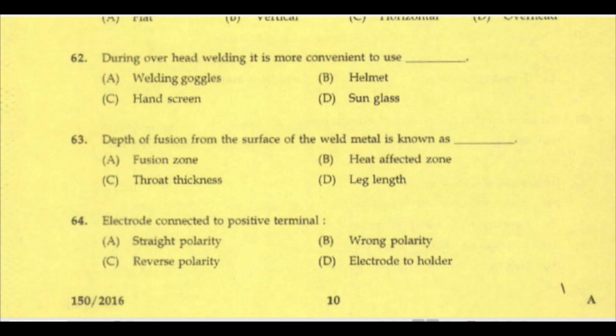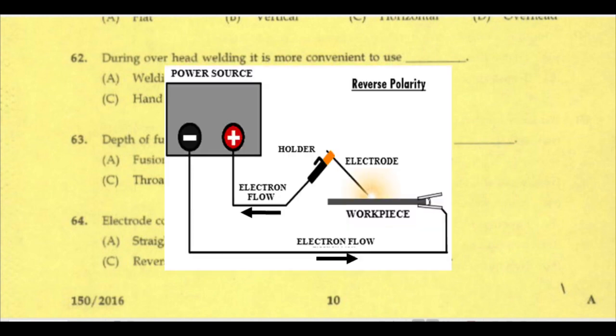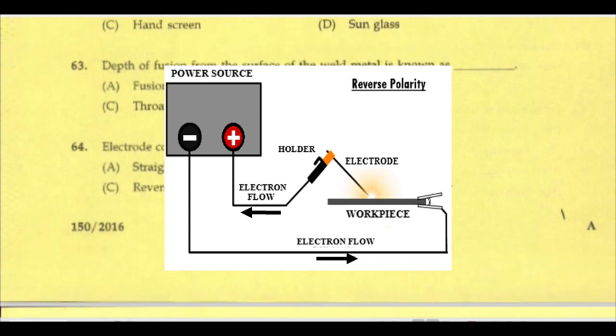The electrode connected to the positive terminal is known as reverse polarity, and electrode connected to the negative is known as straight polarity.